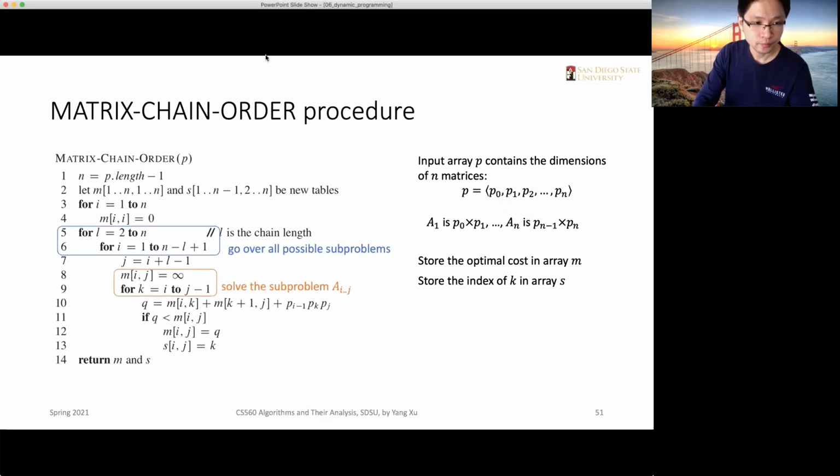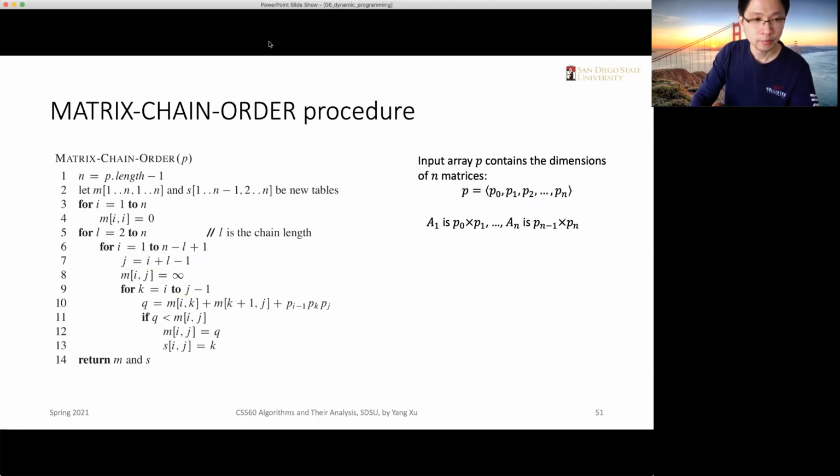All right. Before we look at the major triple-layer for loops, we'll look at the first for loop, which is a loop over 1 to n that initializes M[i][i] to 0.